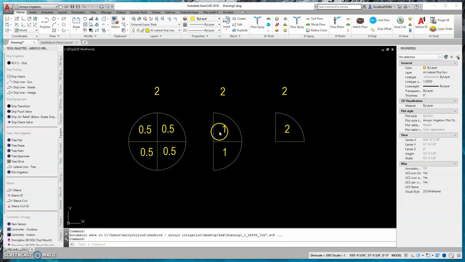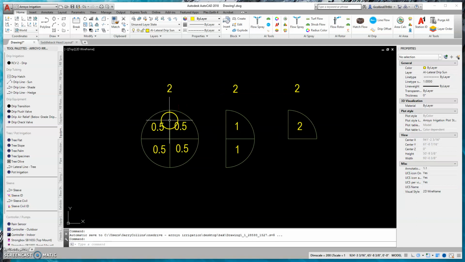But a half is double the area, so now each quadrant is only receiving 1 gallon per minute. And now we move to the full, which is 4 times the area. So that 2 has to be divided by 4, which is 0.5 gallons per quadrant.